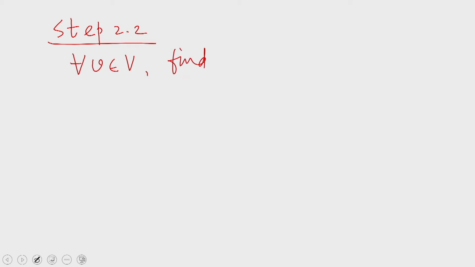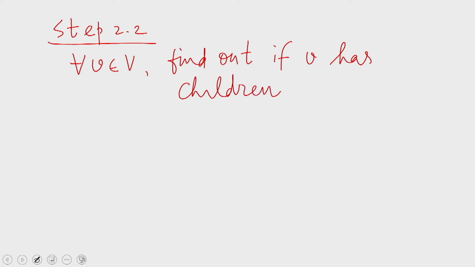Then in step 2.2, for all v, find out if v has children. For every vertex, we want to find out if v has children, and we want to do this on a CREW PRAM.